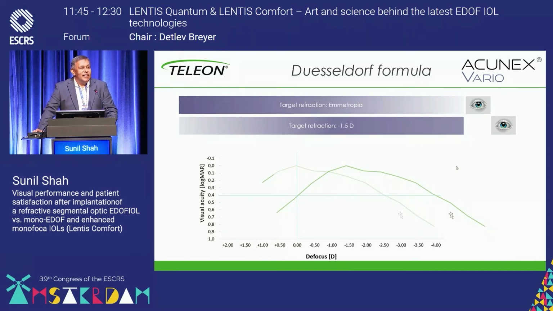The idea here is you have one eye for emmetropia, and the emmetropic eye goes out to 1.5 diopters effectively of near vision. And then the second eye, you target -1.5, and that eye runs from -1.5 to 3.